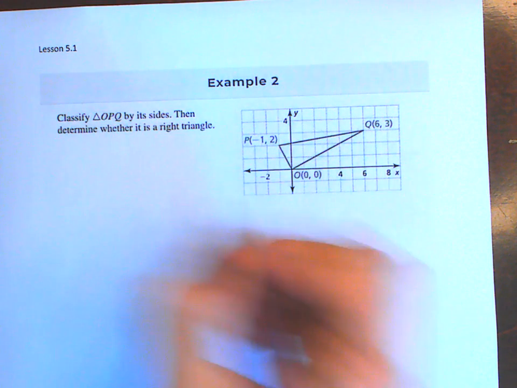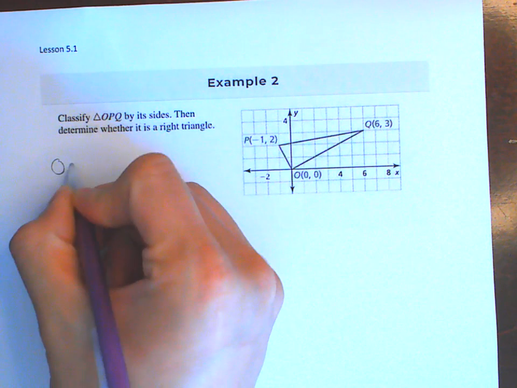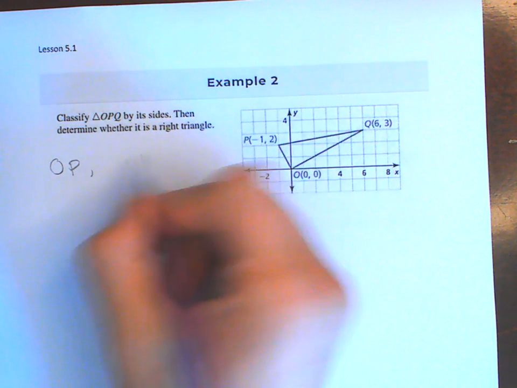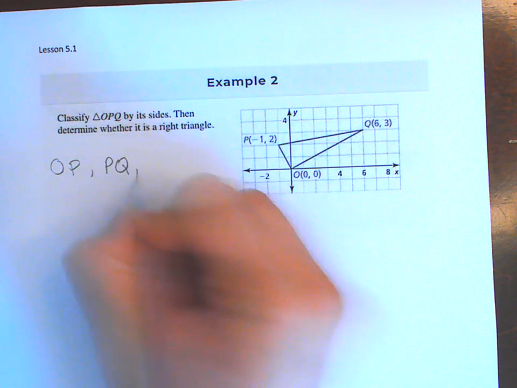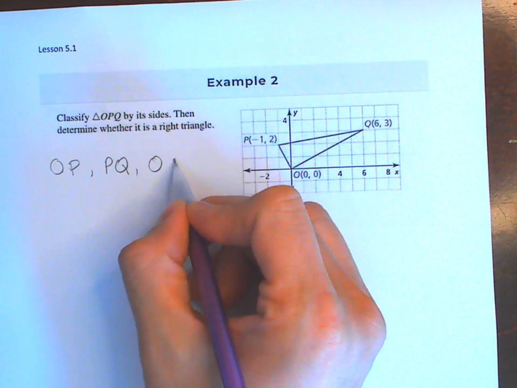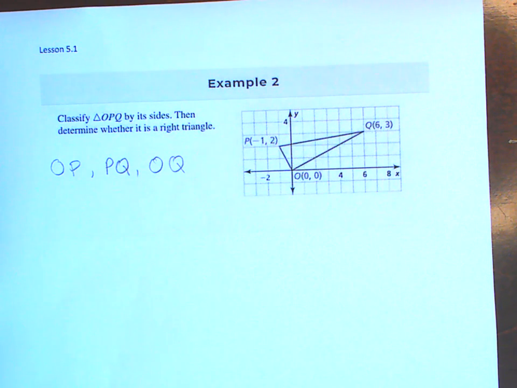So I need to figure out the distance of OP. I need to figure out the distance of PQ, and I need to figure out the distance of OQ. And for that, we are going to have to use the distance formula.